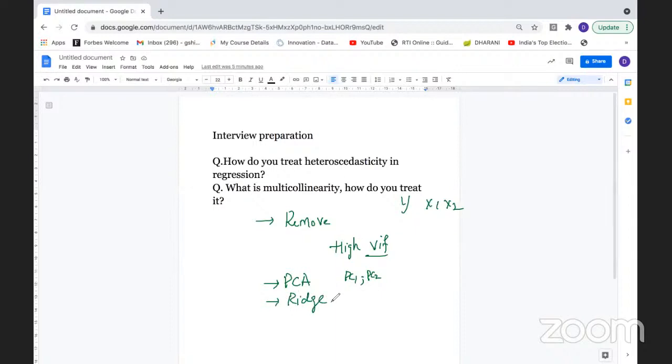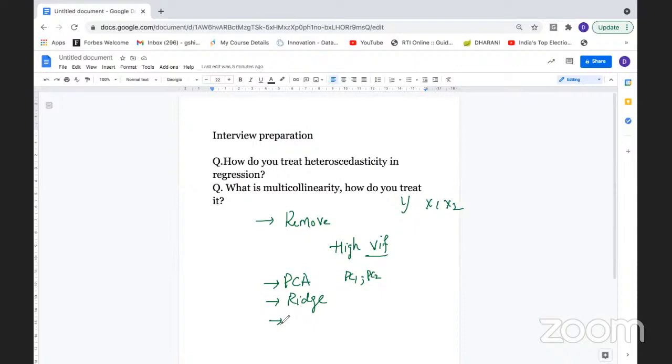And also we try to use something we call an interaction term. If you include an interaction term, you can also reduce the multicollinearity by centering the variables.